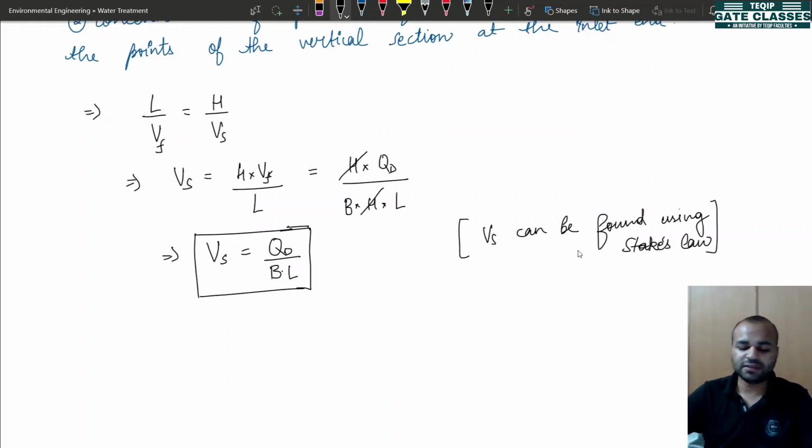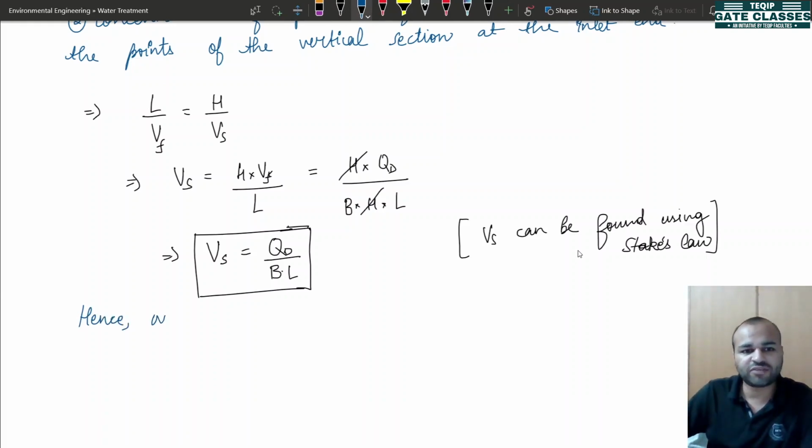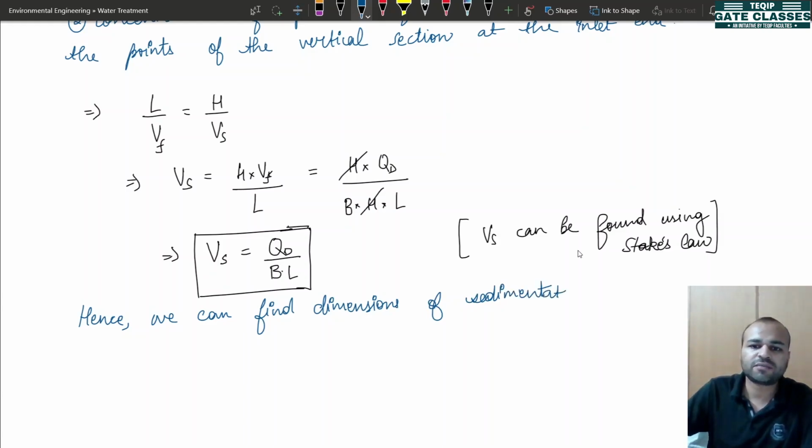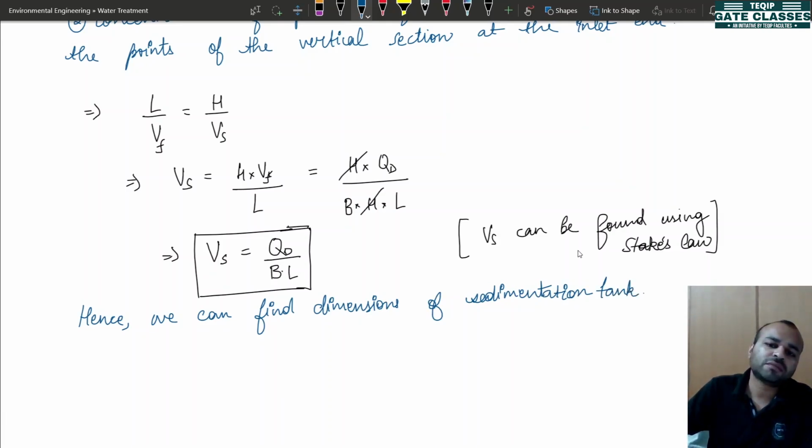I hope it is clear. So hence using this we can find the dimensions of sedimentation tank.